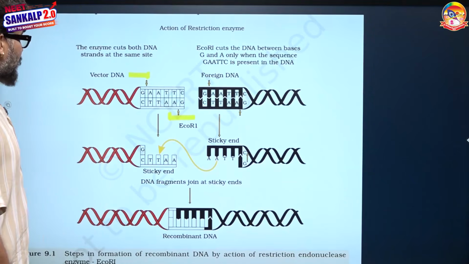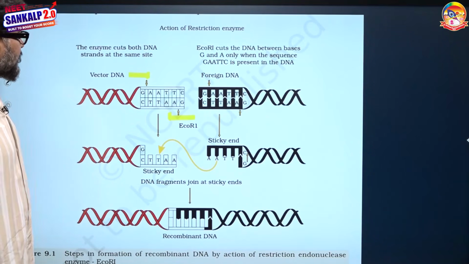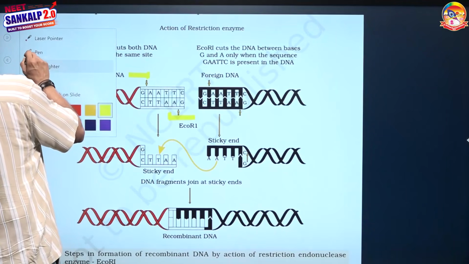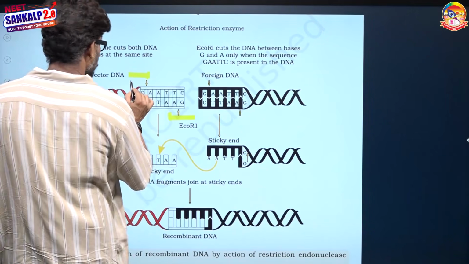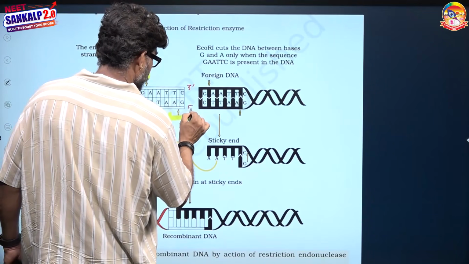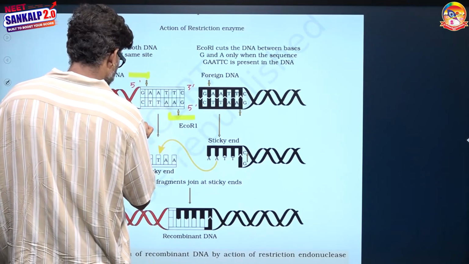So for EcoRI, the palindromic sequence is shown here, GAATTC. Be careful about it. This is 5', this is 3', this is 5', this is 3'.